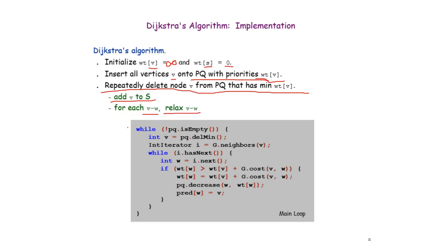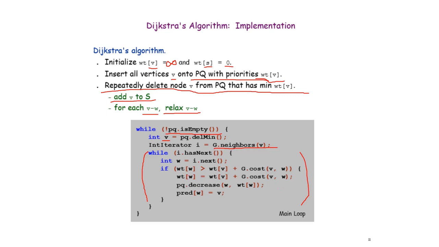So here is the code of our implementation. Our while loop runs while the priority queue is not empty. Then we take the vertex with the lowest cost, and we consider all the neighbors, or all the adjacent elements of V. Then we have another loop that goes through these adjacent values.